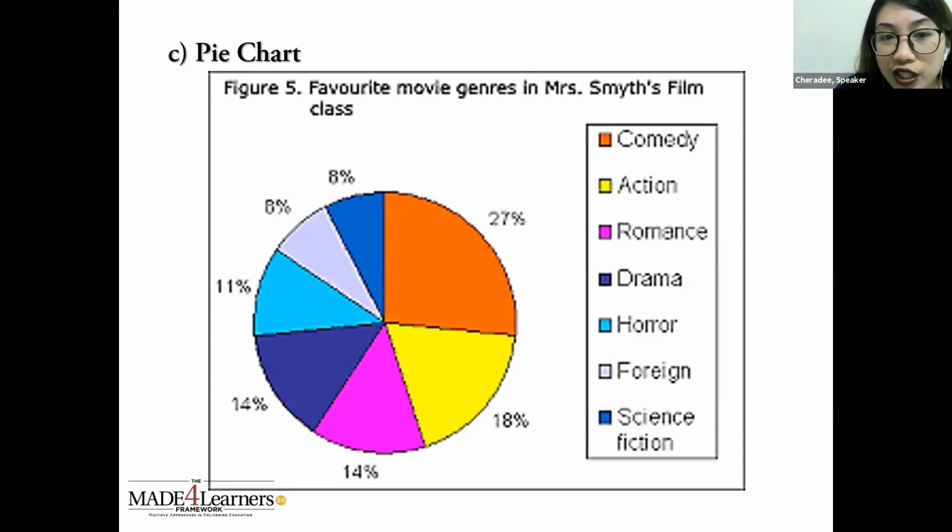Now, as you notice, the colors, although not really distinctive, are really different. And what did you notice in the pie chart? The highest or the largest slice comes first.